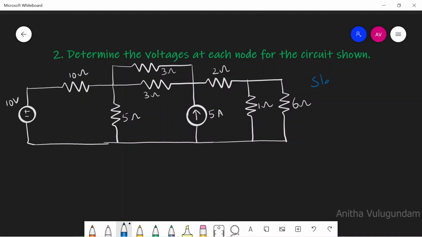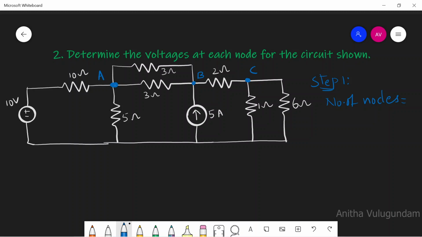In nodal analysis, step 1 is to identify the number of nodes. Let's identify the node points. Node is the common point where two or more elements are connected. We just take this as node point where four elements are connected, and this as another node point, and this as another node point.